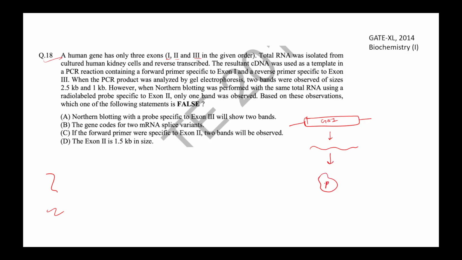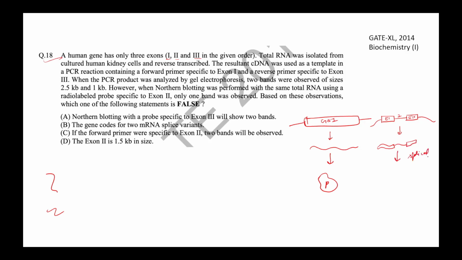But if it carries an intron, that means intron is present and there are 2 exons. So firstly, it forms, let's draw it like this, a pre-mRNA that will be spliced.